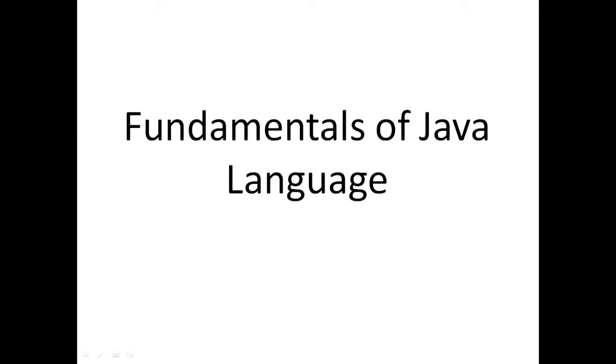Today we will start, children, the fundamentals of the Java language. The basic elements in Java are also known as tokens. Means each and every smallest unit, whatever we write in the program, each and every smallest unit, is known as a token.